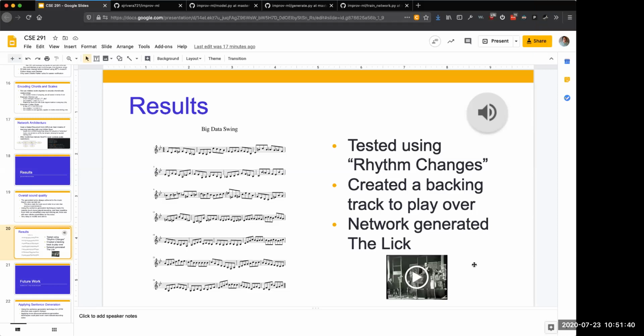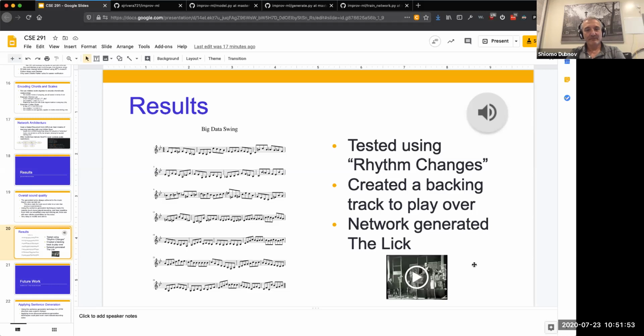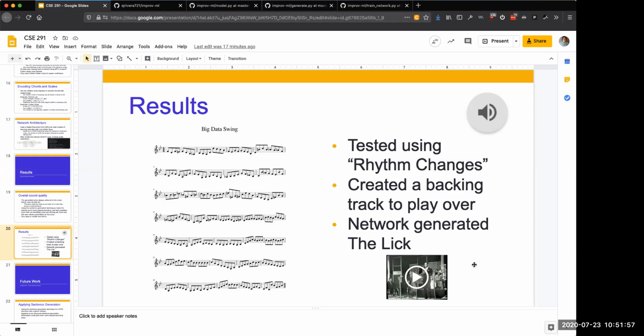I think it's sort of hard to tell whether it's Charlie Parker style because there are no rhythm constraints. That's the next major thing for us: not only having it do note selection, but rhythm selection, phrasing, the end of sentences and the beginning of the next one.